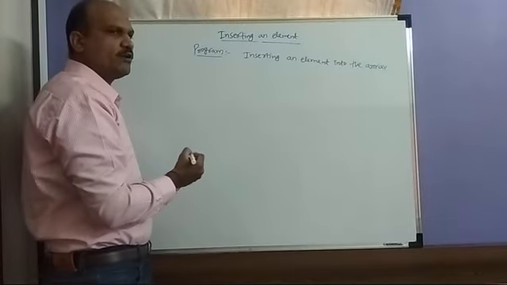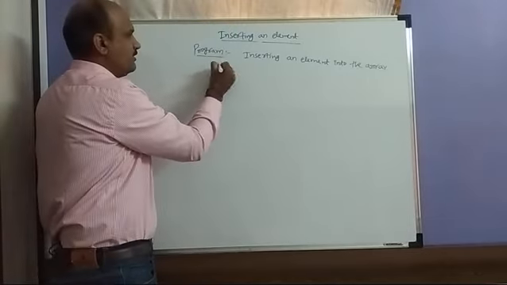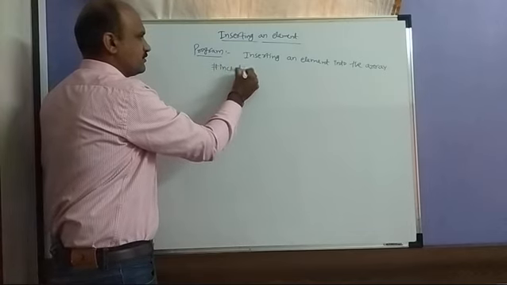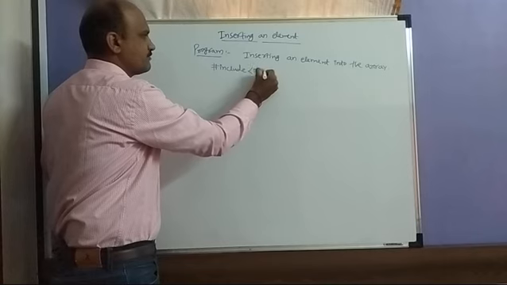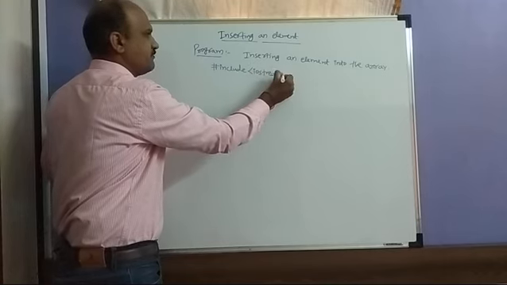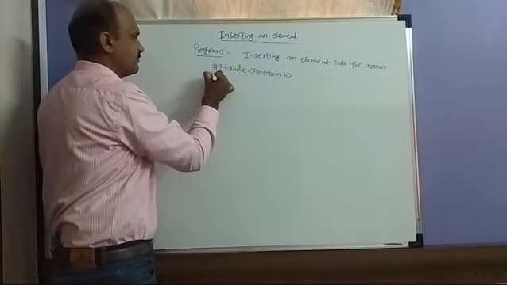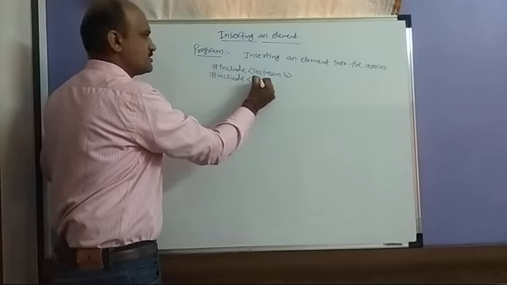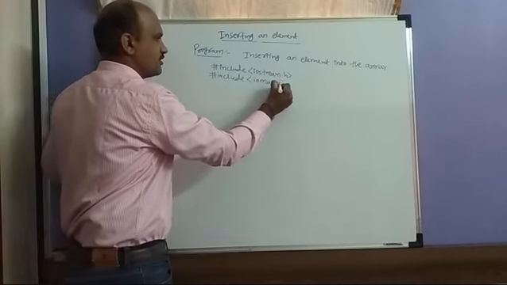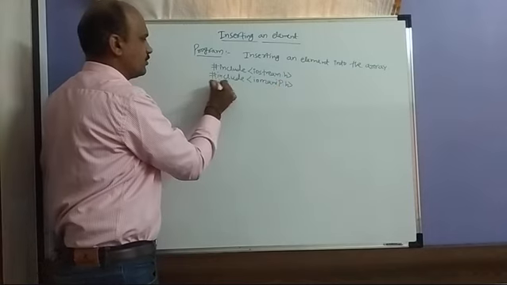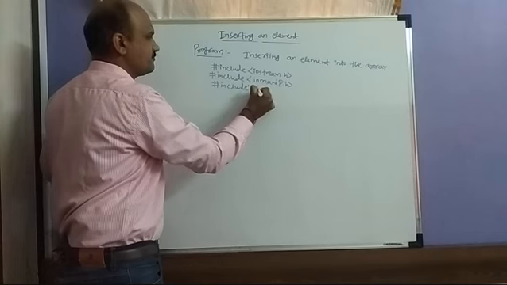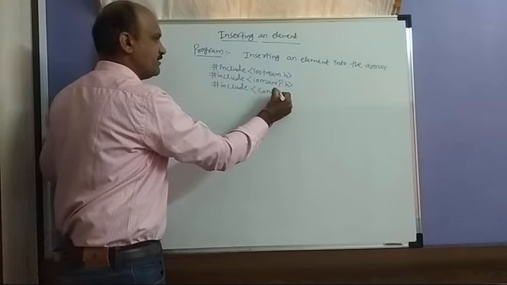So when you are going for the program, simply write first the basic header files: iostream.h, iomanip.h, then conio.h. You can write the basic header files for this program. Then start with the main function.